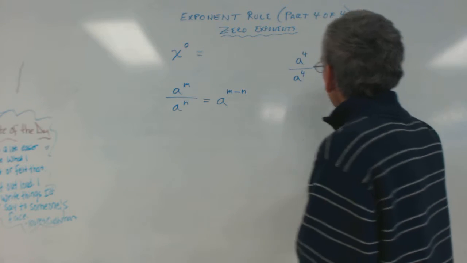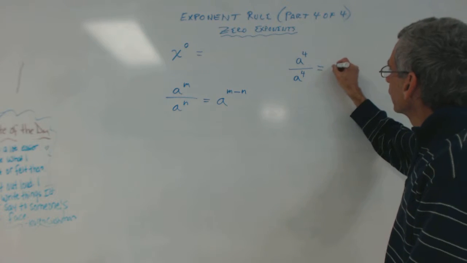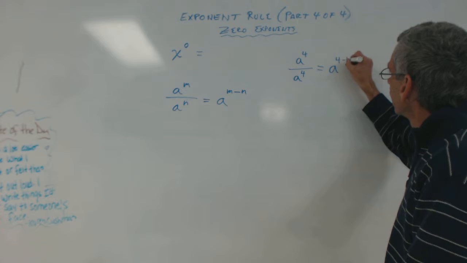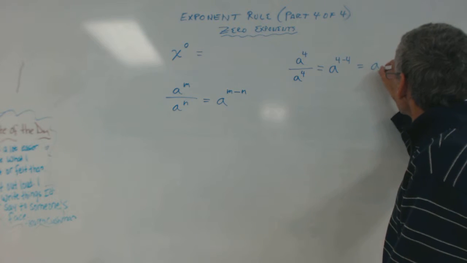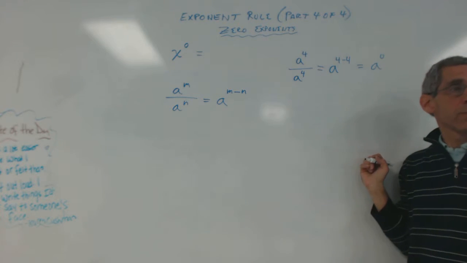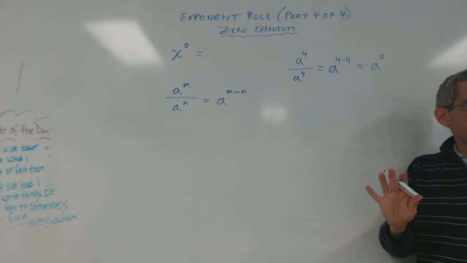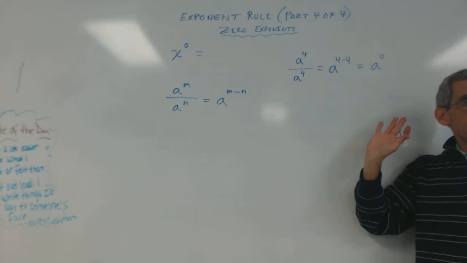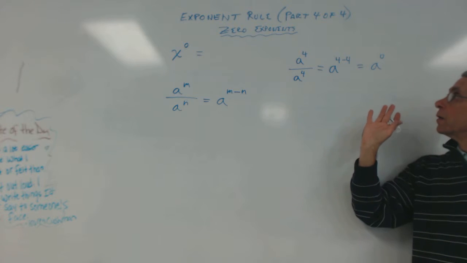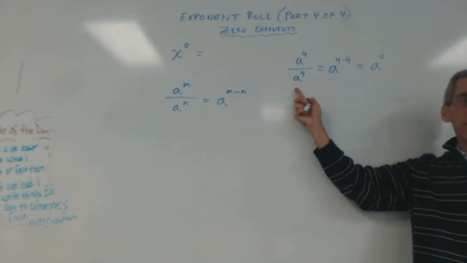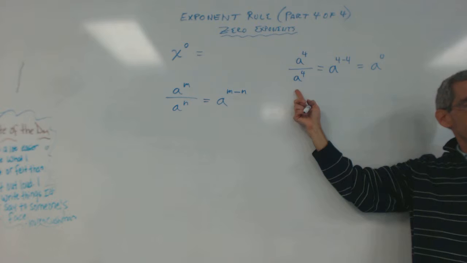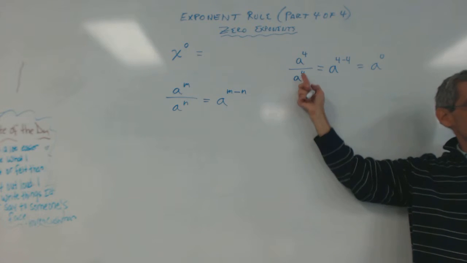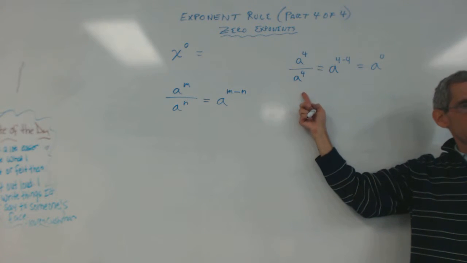Would you agree with me that a to the 4th over a to the 4th would equal a to the 4 minus 4, which would equal a to the 0, right? But what is a to the 4th over a to the 4th? 1. You have the same thing upstairs and downstairs, right? Doesn't that equal 1?